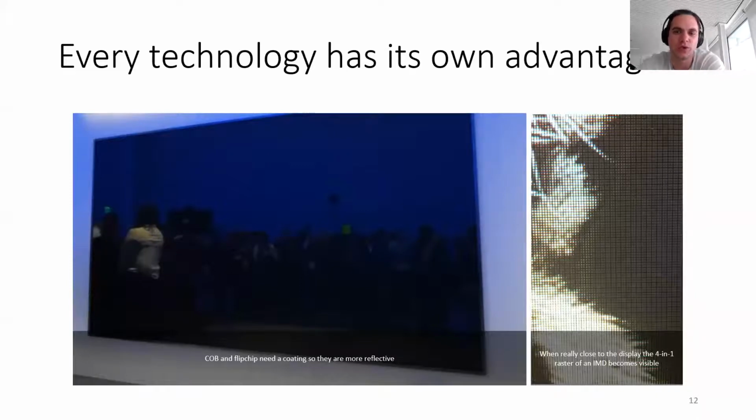For example, if you look at the IMD and have a picture there, if you're really too close to the LED wall, you can start seeing that additional grid of the 4-in-1 pixel. If you're at a fair distance of the display, there's really no real disadvantages of the IMD as compared to the normal chip LEDs, where you have only one pixel per package.